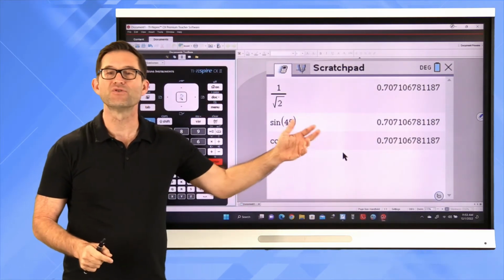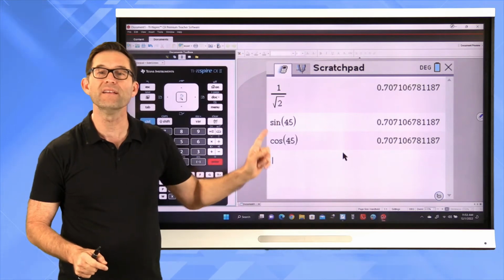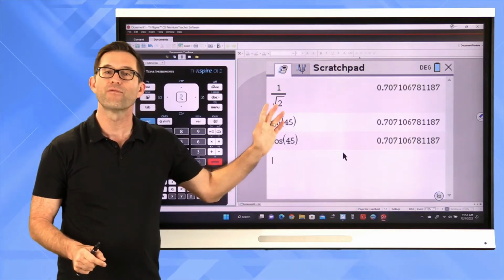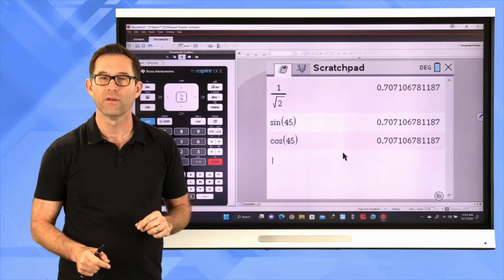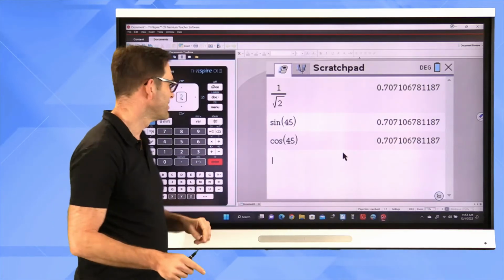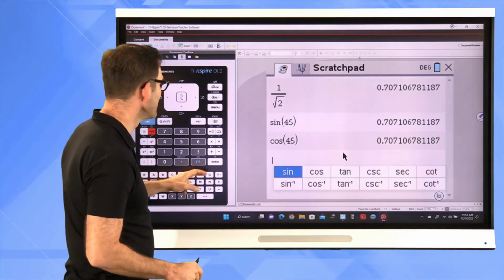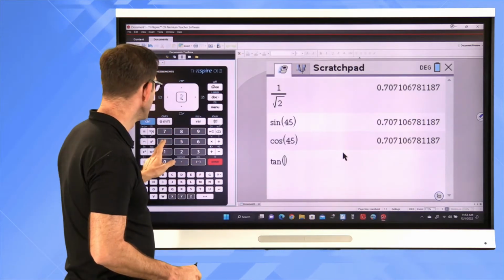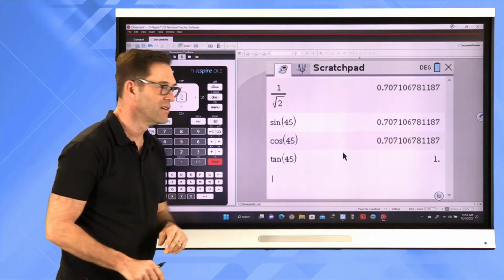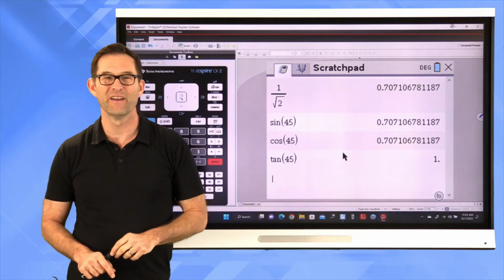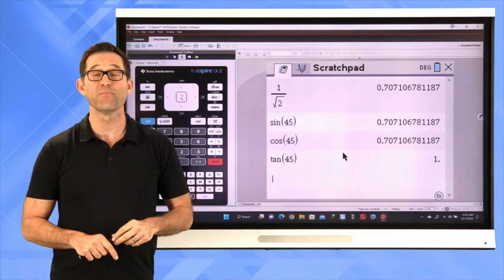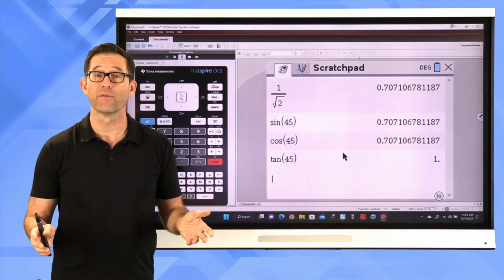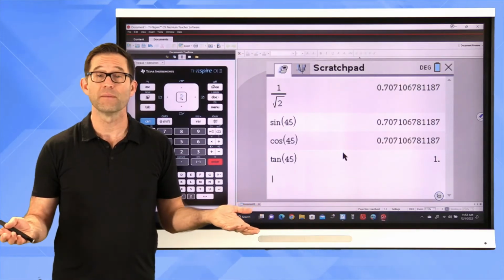The calculator is just storing this ratio inside of it for the 45-degree angle. By the way, just to finish it off, not that this was part of this, the tangent of 45 is just equal to 1, because the opposite and the adjacent in a 45-45 right triangle are the same size.